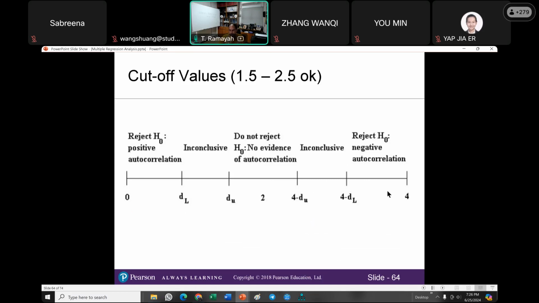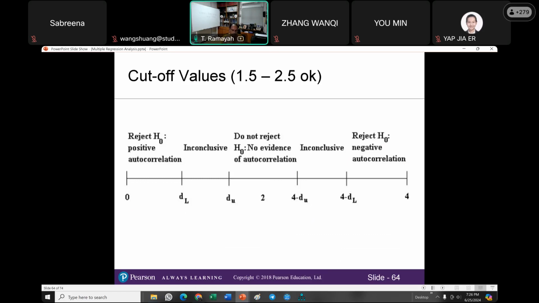Anything more than 2.5, we have negative autocorrelation. Anything less than 1.5, we call positive autocorrelation. This usually happens in time series, when the error term of time 1 is correlated with the error term of time 2. So in cross-sectional data, this should not be a problem.